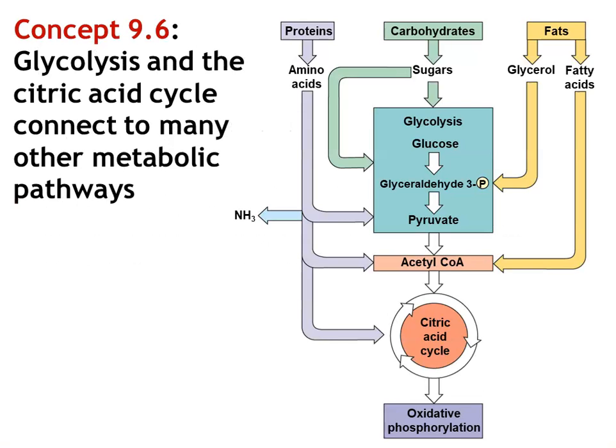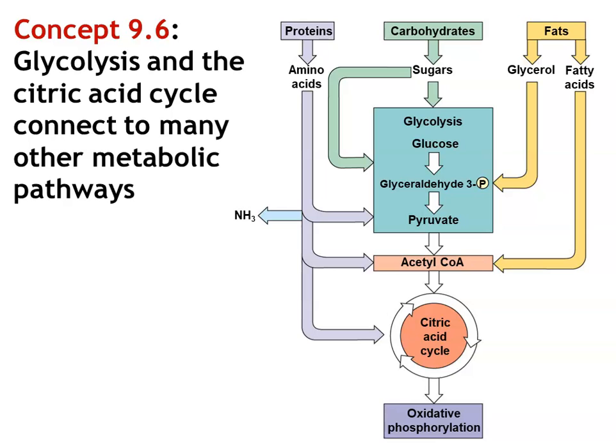I talked earlier about how you don't just have to have sugars to go into glycolysis. You can use proteins and carbohydrates and fats, and here you can kind of see where they would fit in. You can take amino acids from proteins and feed them into pyruvate.